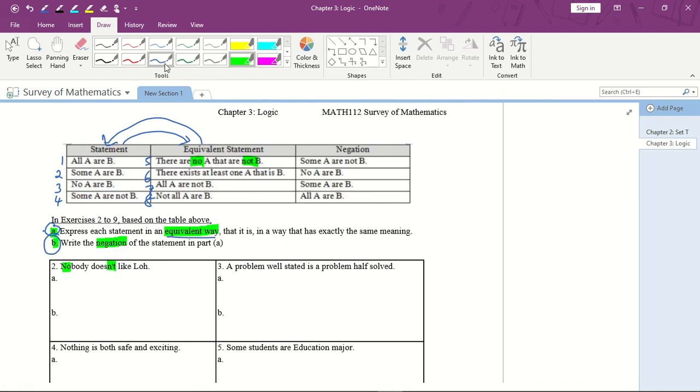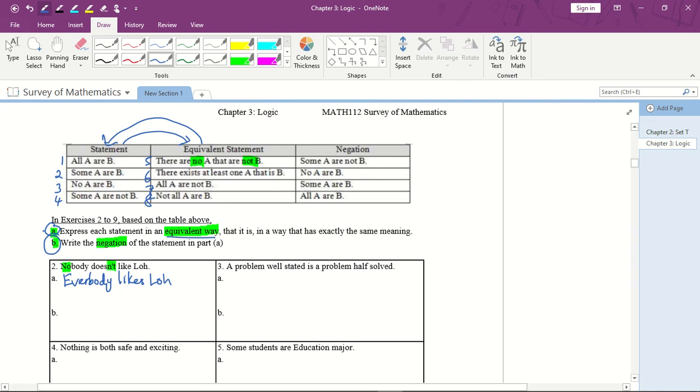Now part A requires us to write the equivalent way, so we can write it using the first statement here, all A are B. So you can write all people like law, or in a grammatical way, everybody likes law. That's the equivalent way. And part B says to write the negation of the statement.